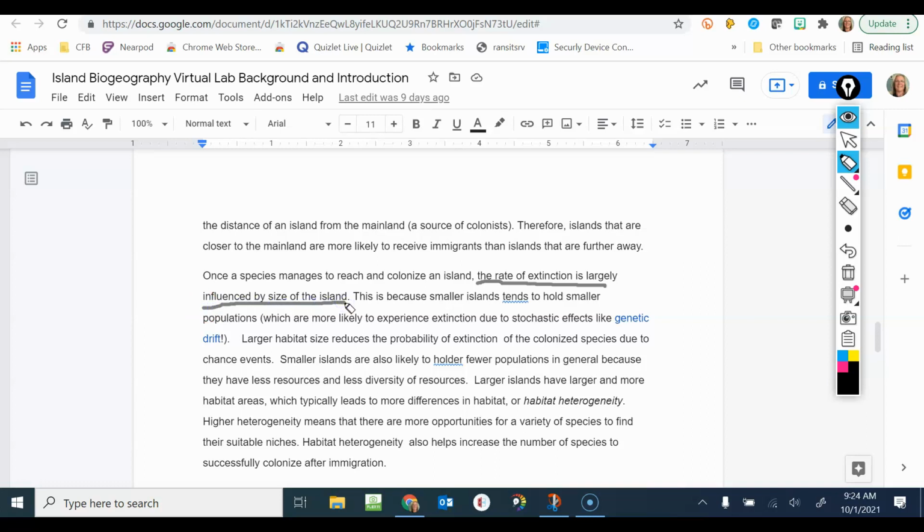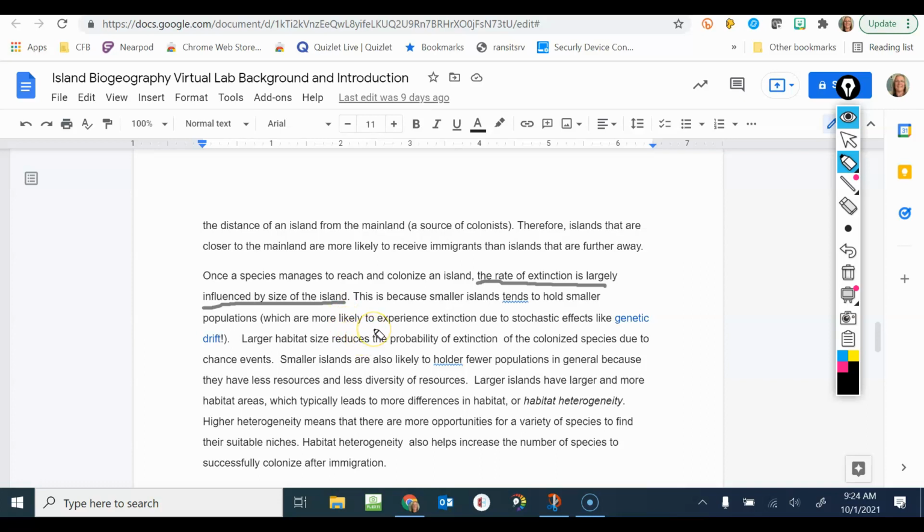This just makes sense because the larger the island, the greater the ease with which you can affect an ecosystem and therefore cause a species to become extinct.